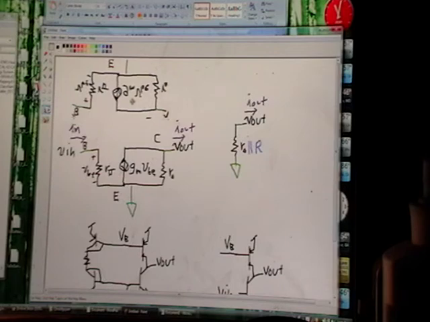There's your PNP. Everything's flipped. So this used to be plus, now this is plus. That used to be minus, so that's minus.